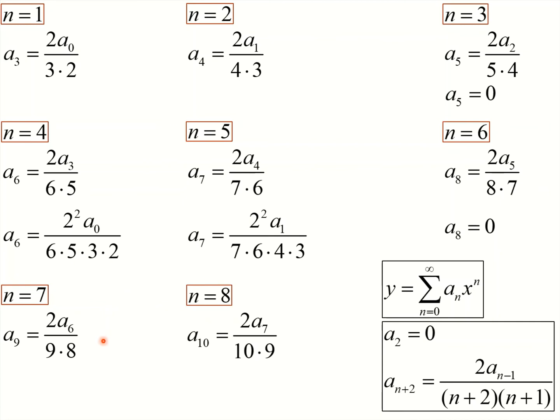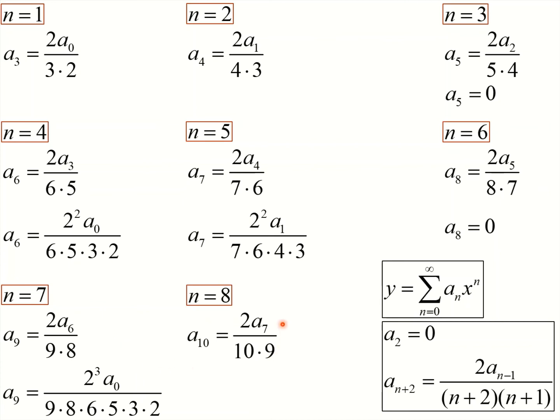So now we're going to continue on this one, and we're going to replace the a6 with what we see here. Look at that. And so now I'm going to have a 2 to the third on the top, and on the bottom I'm going to have 9, 8, 6, 5, 3, 2. And that is annoying, but let's write it down. It would be great if there was a 7 there and a 4 there, because then we can write 9 factorial, but we can't do that at this point.